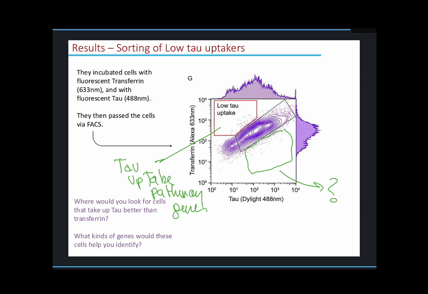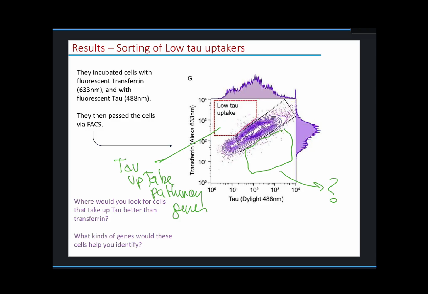So Gabi here is presenting an alternative interpretation, and it's not so much that these cells were taking up tau better than transferrin. What they were doing is they were worse at taking up transferrin. So in a way, here may lie some of the transferrin uptake pathway genes. I totally agree.